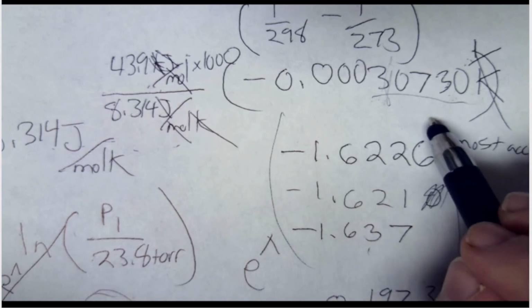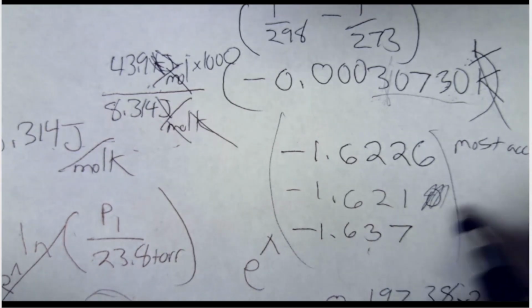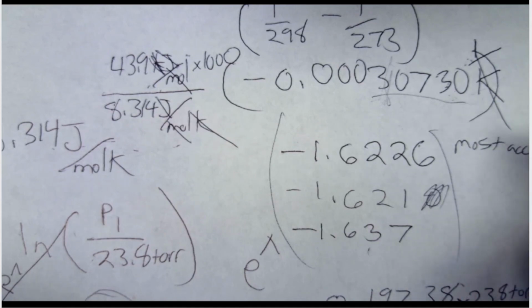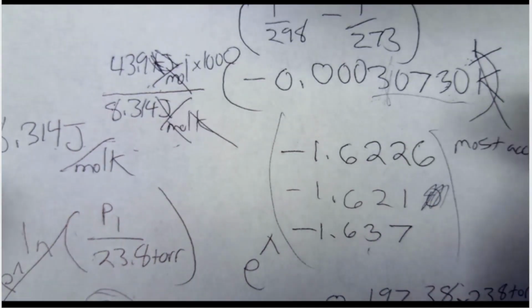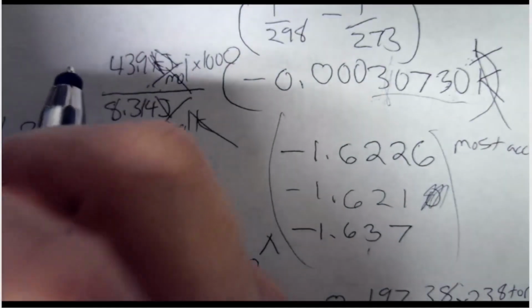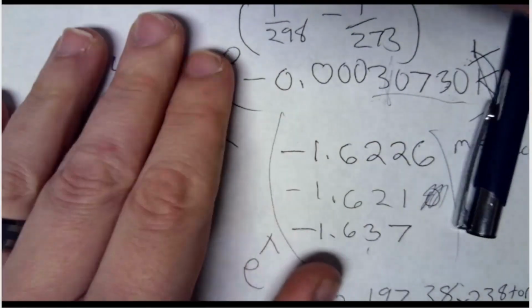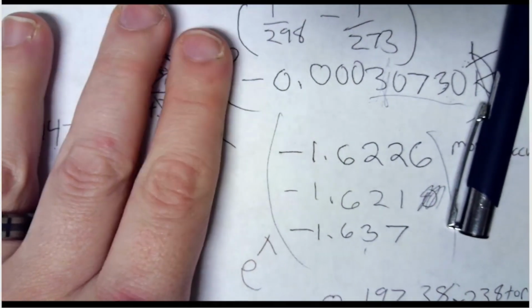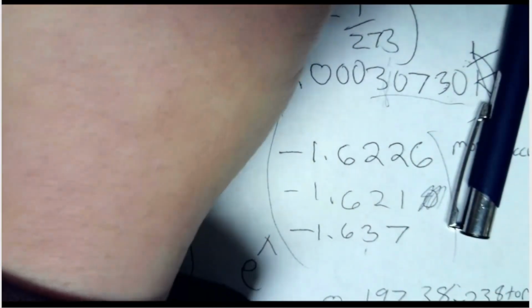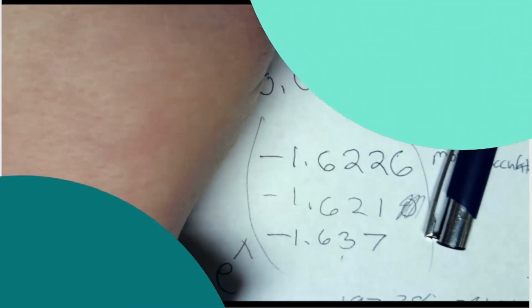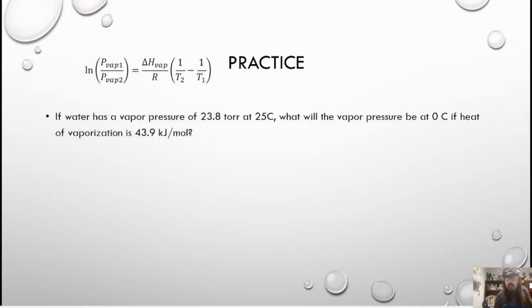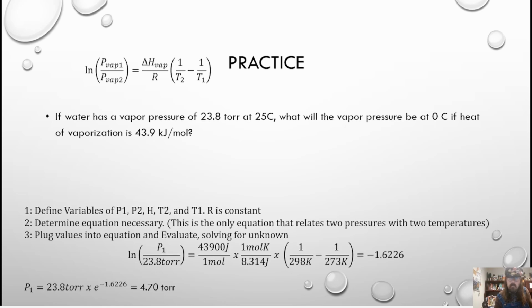Try not to round overzealously so that we don't goof up our numbers too badly. So, with that in mind, that is that problem. That was a doozy of the first major problem.